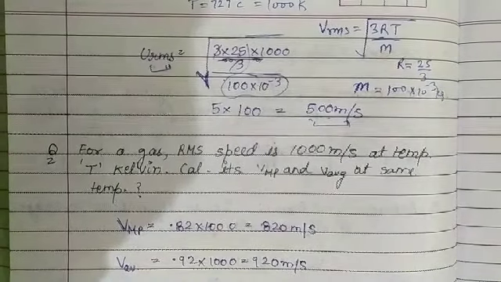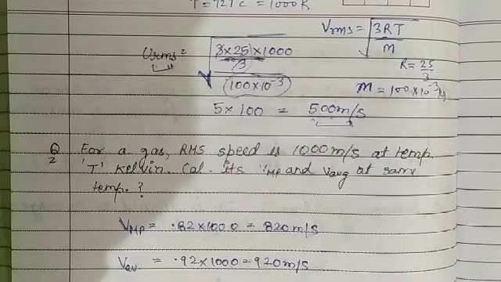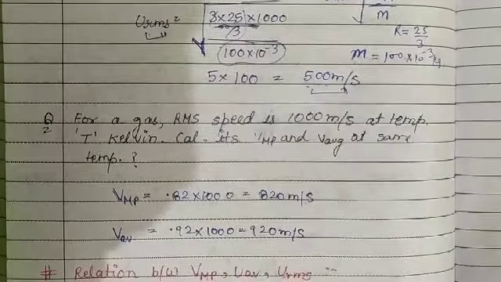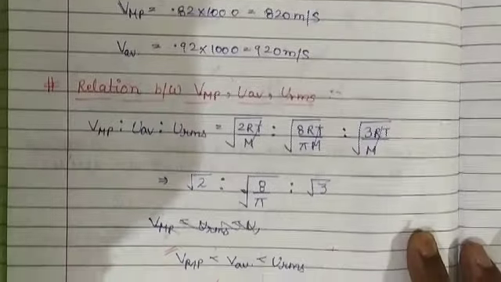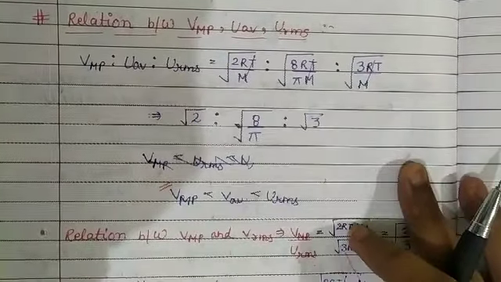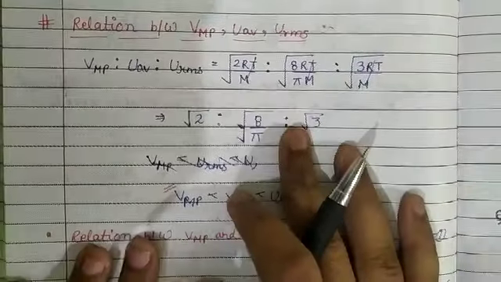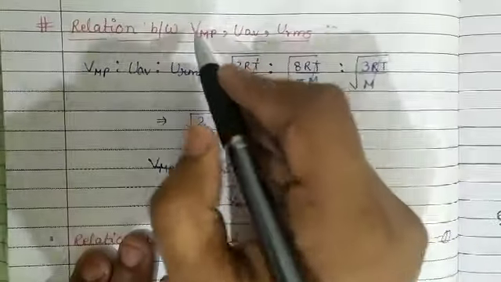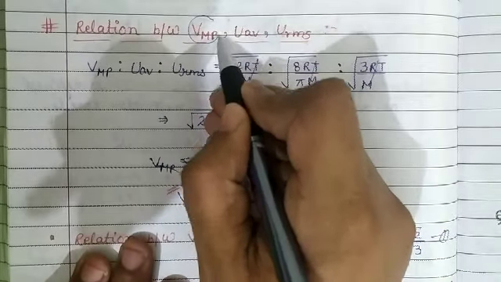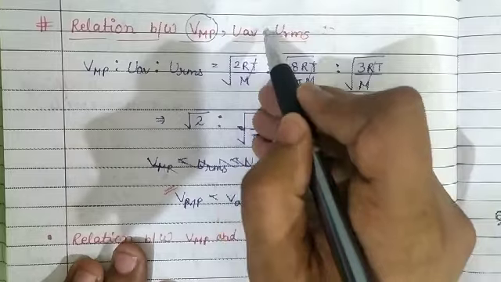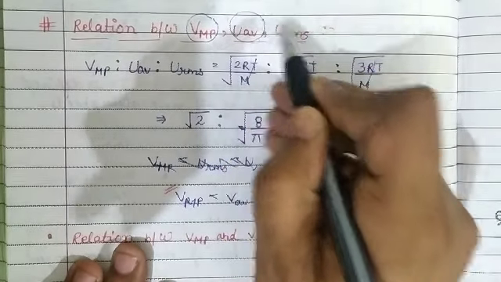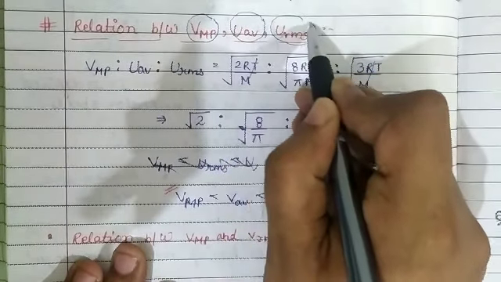See the next question. We will discuss further when we discuss the relation. What is the relation between most probable speed, average speed, and VRMS speed?